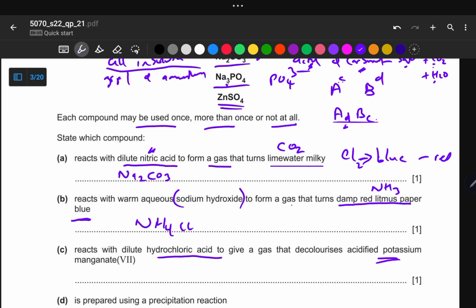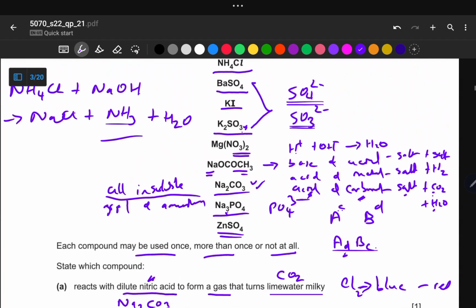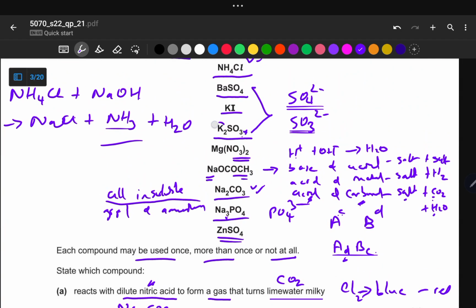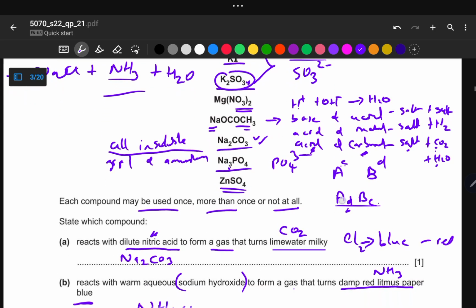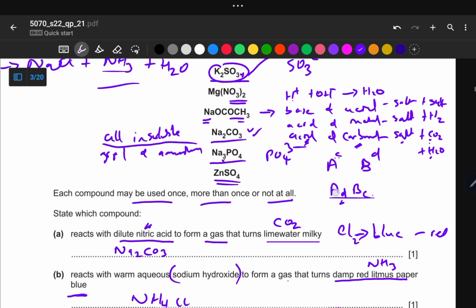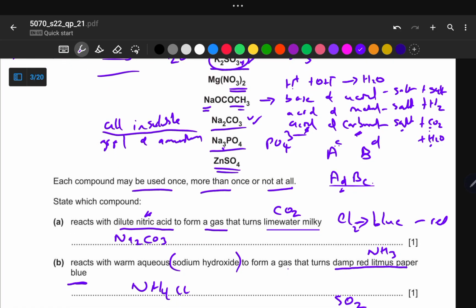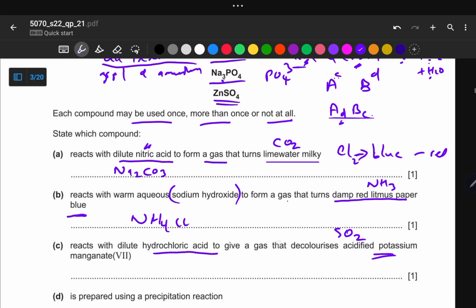So we want the one which is going to produce sulfur dioxide, which is a reducing agent. Only the sulfites are soluble in the acidic medium, so they will react to produce sulfur dioxide. So it's potassium sulfite, right?